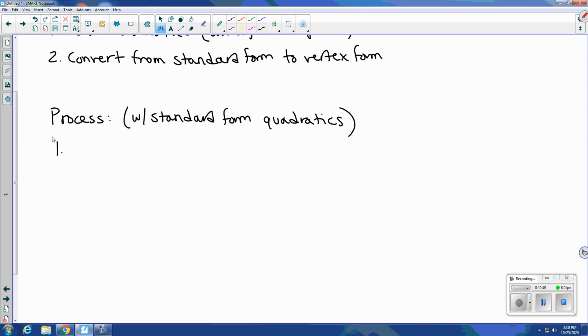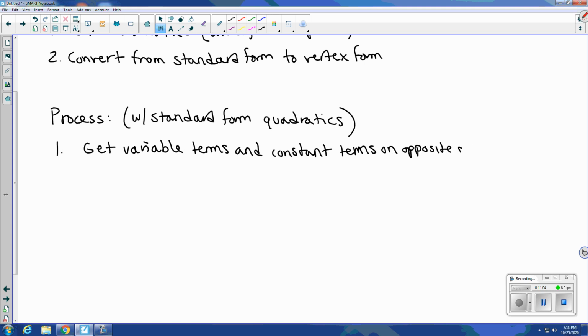So we're going to put variable terms and constant terms on opposite sides of the equal sign. So we'll do that as our first step.